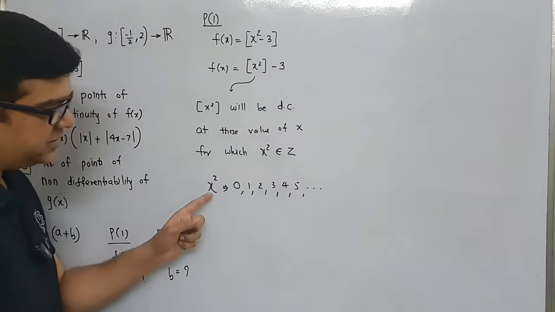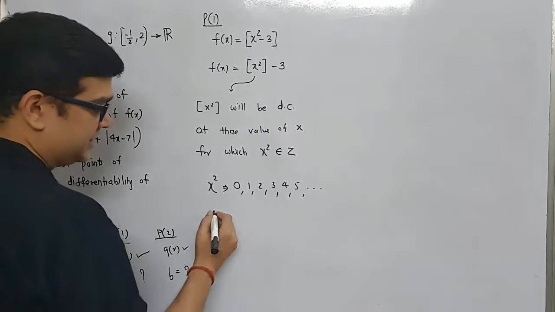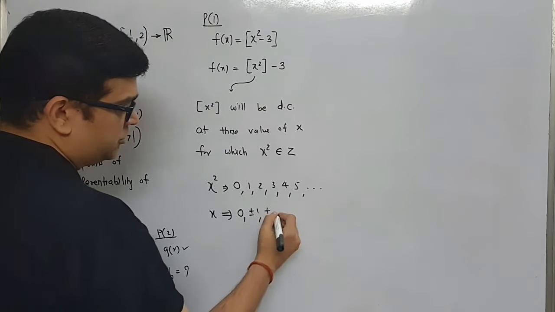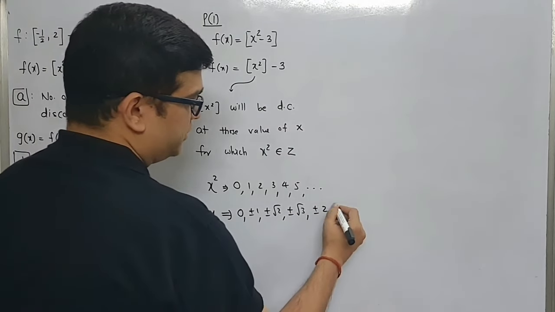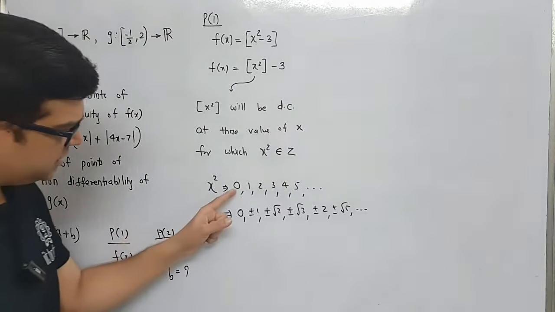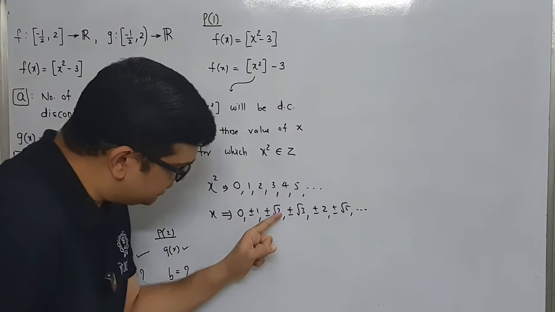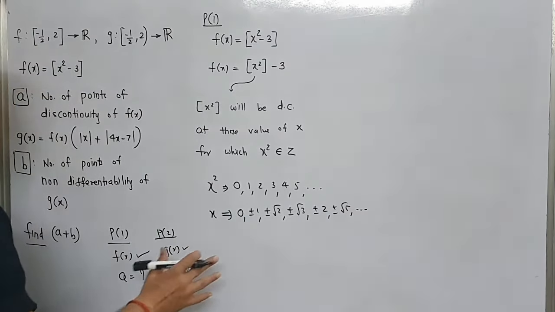So whenever x square becomes these integer values, corresponding to that x will be 0, plus or minus 1, plus or minus root 2, plus or minus root 3, plus or minus 2, plus or minus root 5, etc. At these values of x, the function will become discontinuous. But hold on.